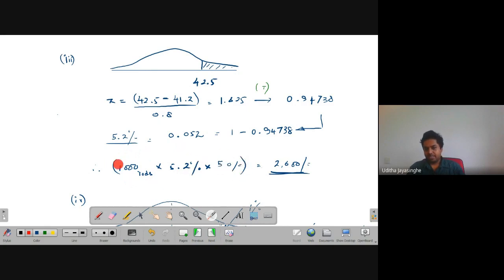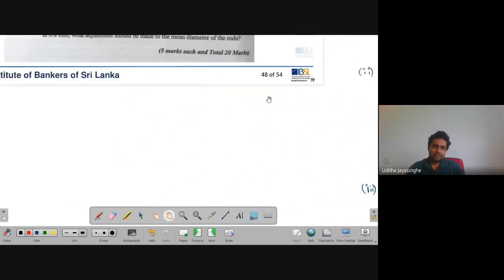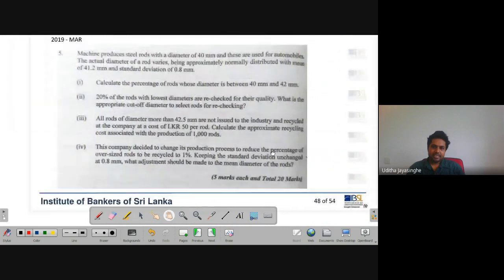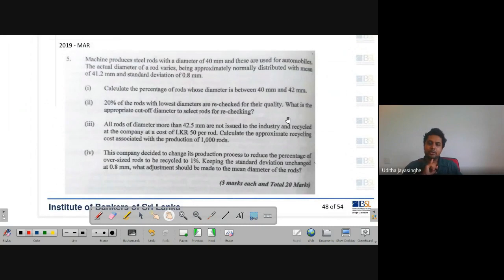And if you multiply all these elements, you're going to get 2,600 rupees as the cost associated with this business. Calculate the approximate recycling cost. That means approximately 2,600 rupees that the company has to bear for the recycling work of the diameters getting more than 42.5 millimeter.